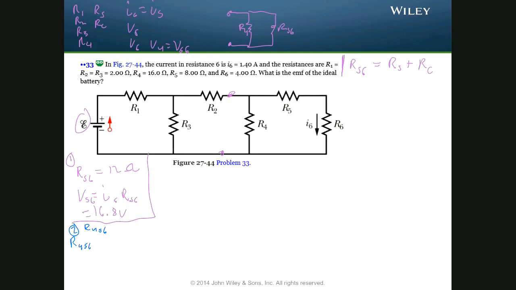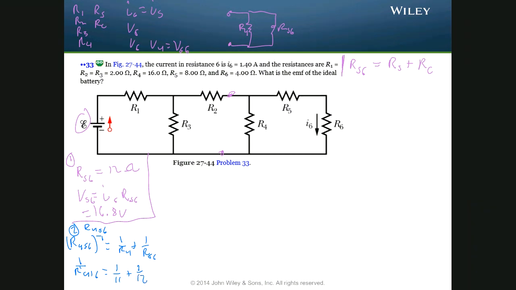R456, right? It's in parallel, so we know that that to the -1 power is going to be equal to 1 over R4 plus 1 over R56. All right, so that's going to be 1 over R456 equals 1 over R4, that's going to be 1 over 16, plus 1 over, what did we say R56 was, 12?